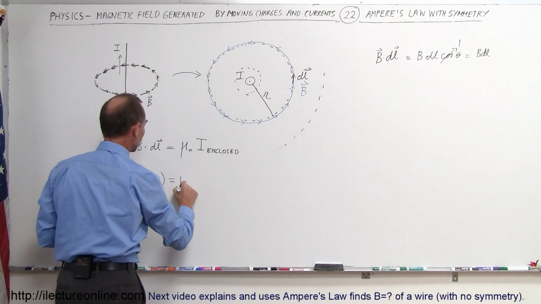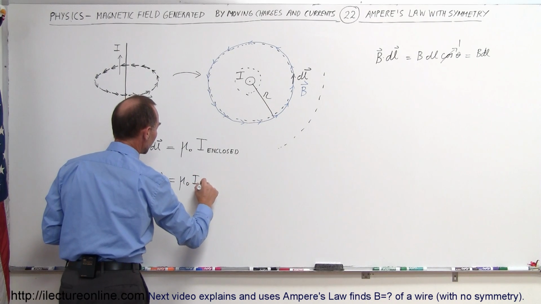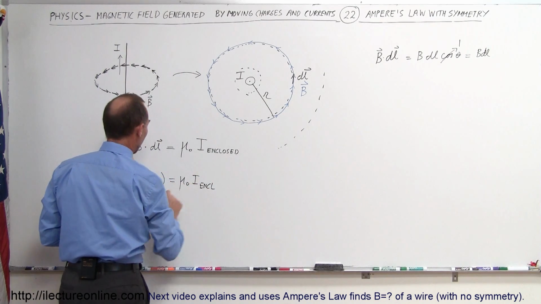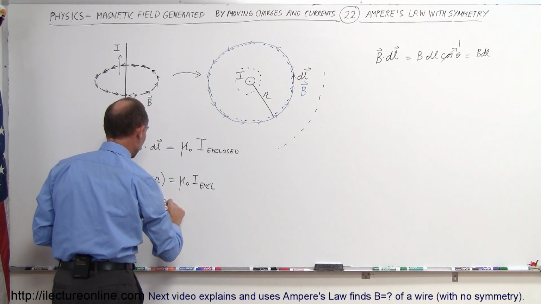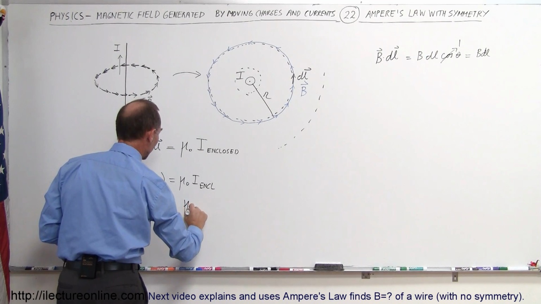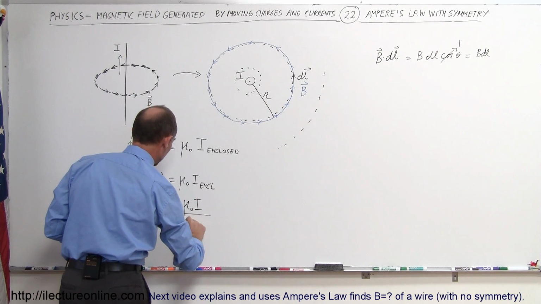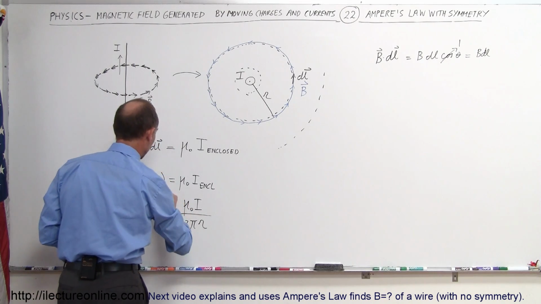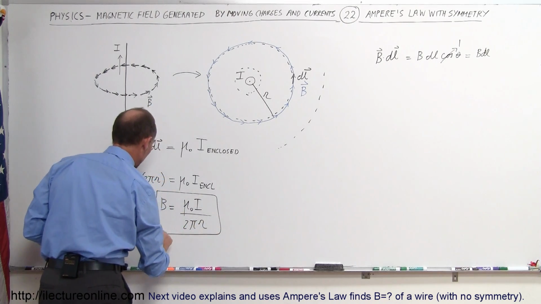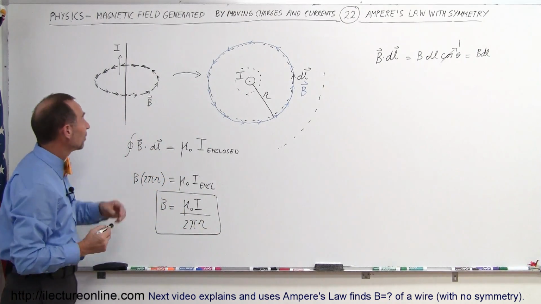So we know that this is equal to mu sub naught times I enclosed, and therefore we can say that the B field, the magnetic field, is equal to mu sub naught times the current divided by 2 pi times r.